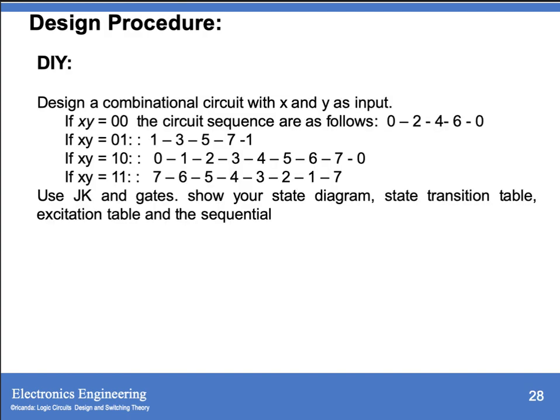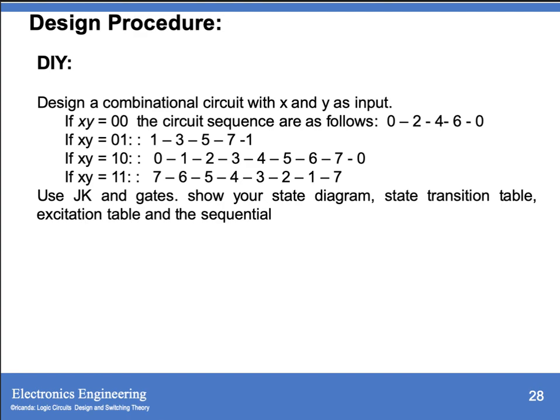Another is we have to design a sequential circuit with X and Y as input. If X, Y is 0, 0, the circuit sequence is as follows: 0, 2, 4, 6, then back to 0. If your X, Y is 0, 1, it is from 1, 3, then goes to 5, goes to 7, and then 1.